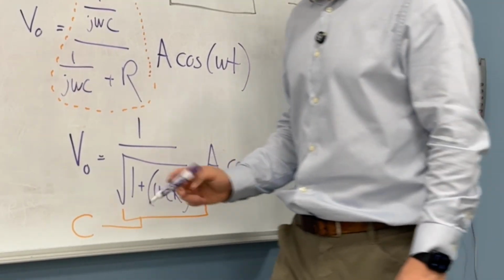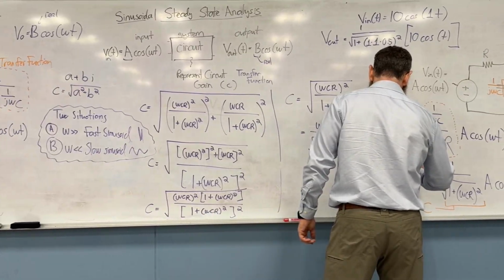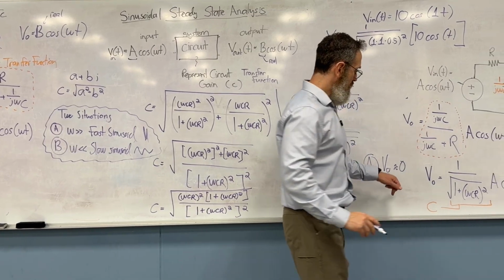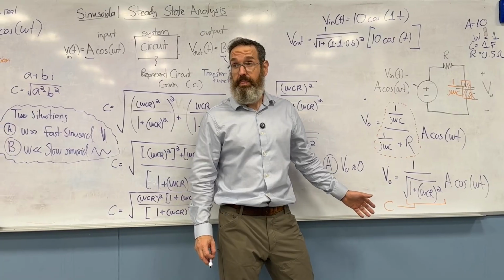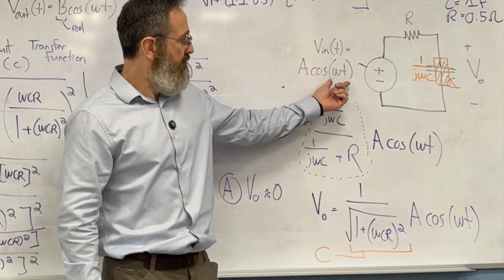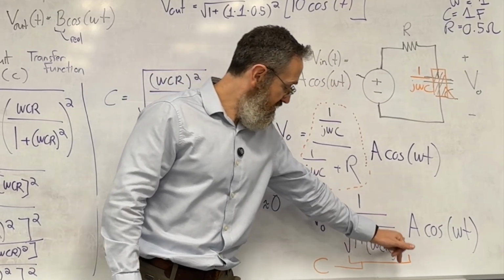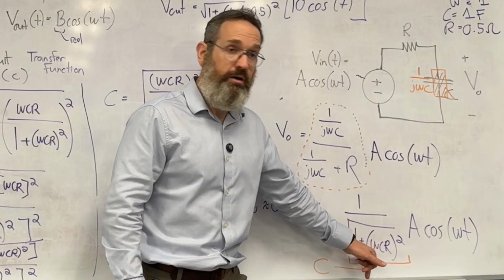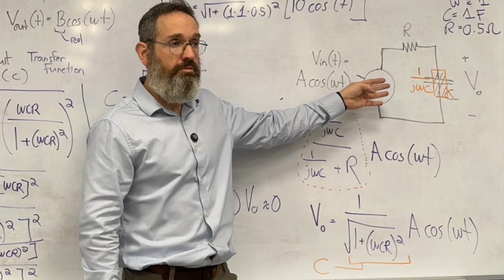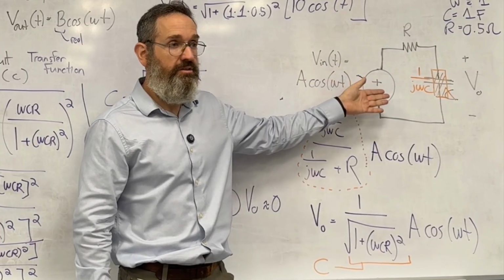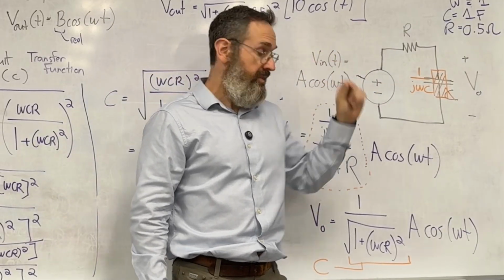So in situation A, V out is approximately equal to 0. You say, well, what do you mean 0? Doesn't it depend on the input and other things? Maybe not. If this is a high-frequency sinusoid, because this term here has W in the bottom, the sinusoid will not make it through. Nothing's coming out the other end. A sinusoid comes in, and it's going to get eaten up. V out is 0.